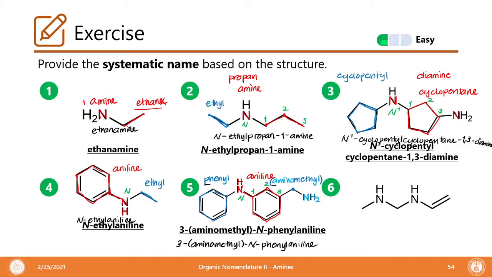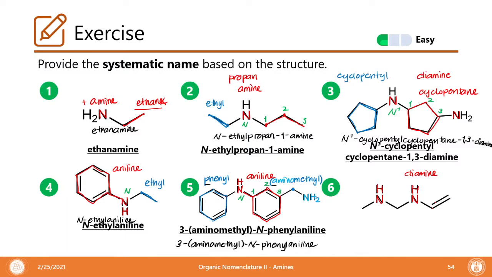Our priority functional group is the nitrogen atom, or the amine, right here. Okay, so we have a diamine. It may be tempting to choose this alkene as our parent chain. However, it is not connected to both amines.